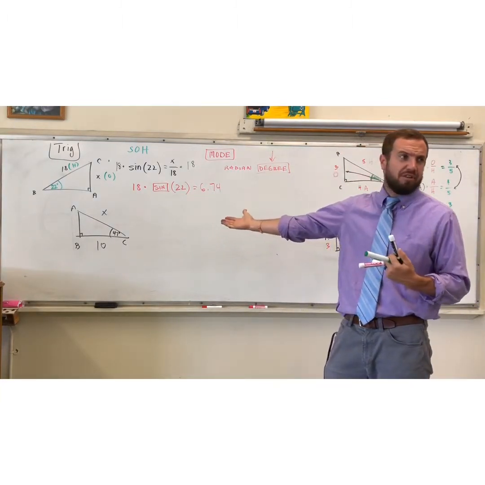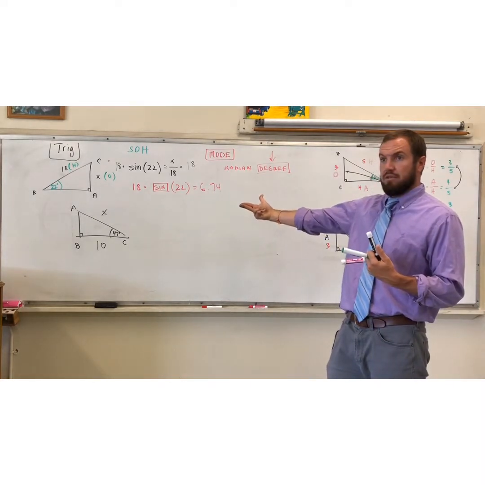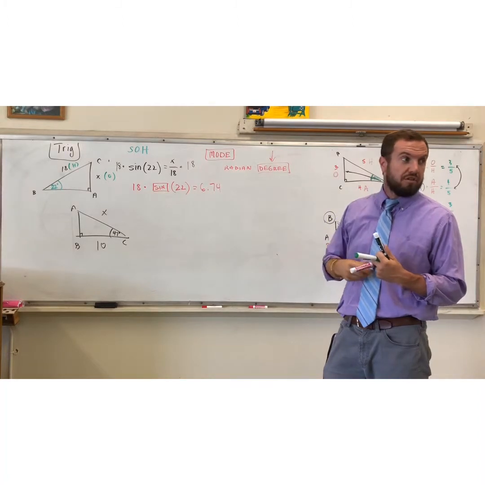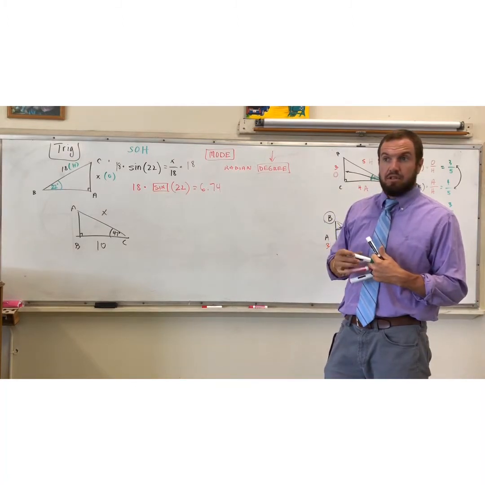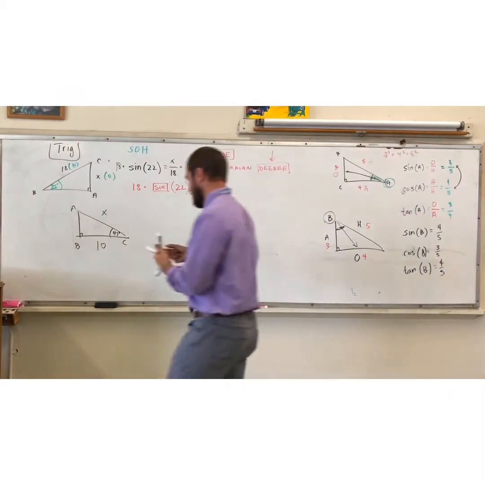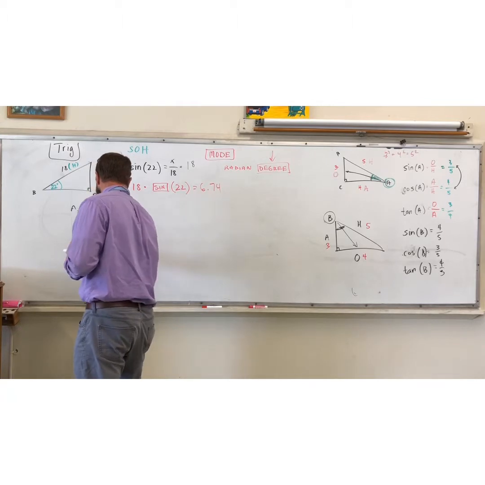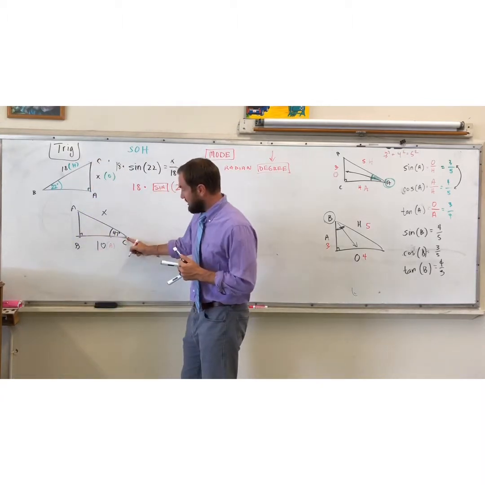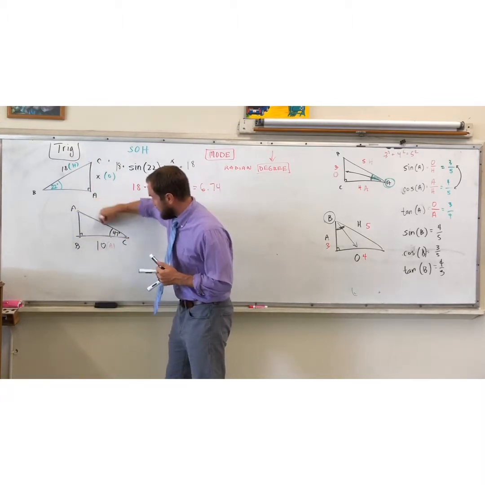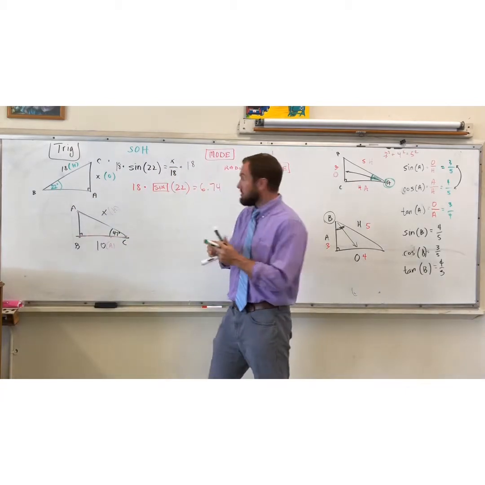So what angle are they giving us? 47. And what do we have with the 47? They're giving us the adjacent. So they're giving us the side that's connected to the C, adjacent, and they're giving us the hypotenuse. So what do you want to use for that? Cosine.